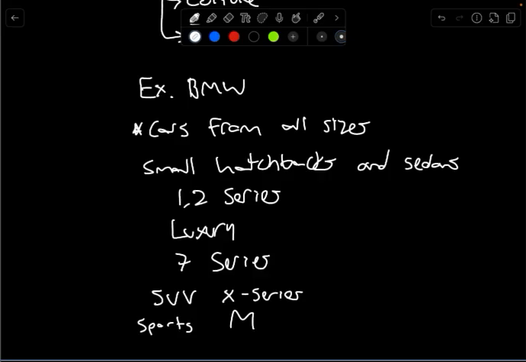And the 7 Series, for example, would be targeted towards luxury customers, people who want the best, the most comfortable vehicle to drive. And then people who want a bit more space, and people who use it for their family might prefer the SUV X Series, and then people who want sporty driving would want the M models.